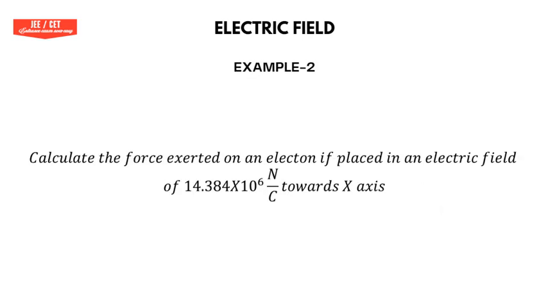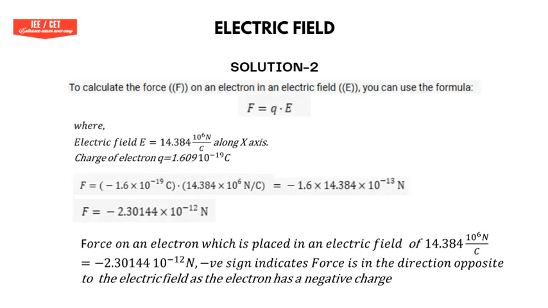In the second example, we shall calculate the force exerted on an electron placed in an electric field of 14.384 × 10 to the power 6 newton per coulomb. Force on electron equal to electric field multiplied by charge of an electron.